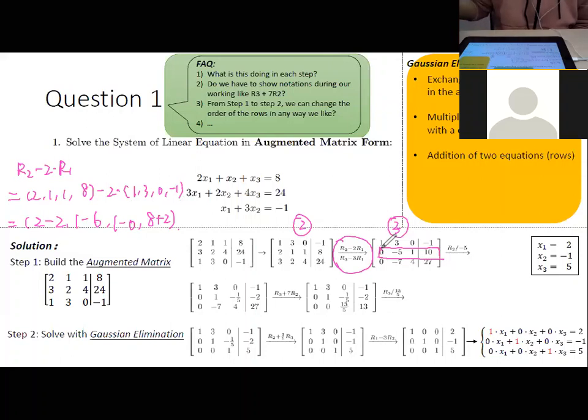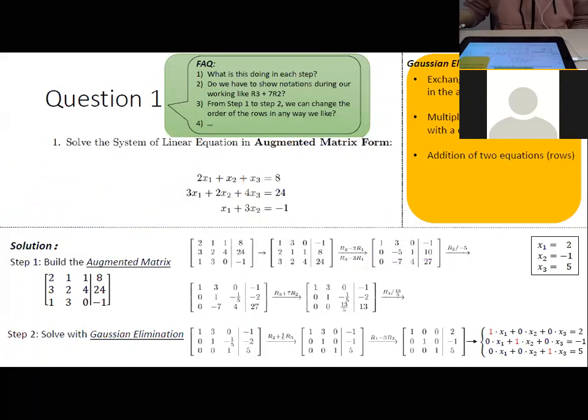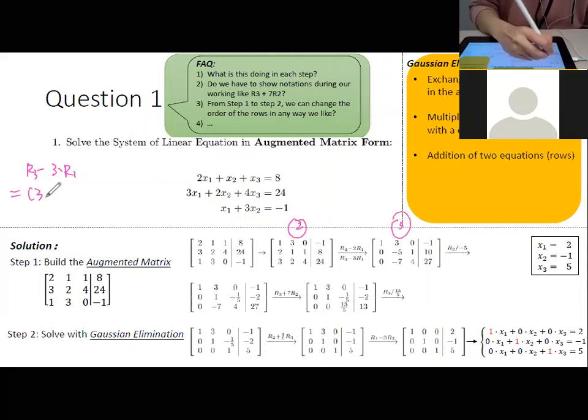And now we move to the notations below the arrow. And it is R3 minus 3 times R1. That means we take the third row of the second matrix, which is 3, 2, 4, 24, minus 3 times the first row of the second matrix, which is 1, 3, 0, minus 1.